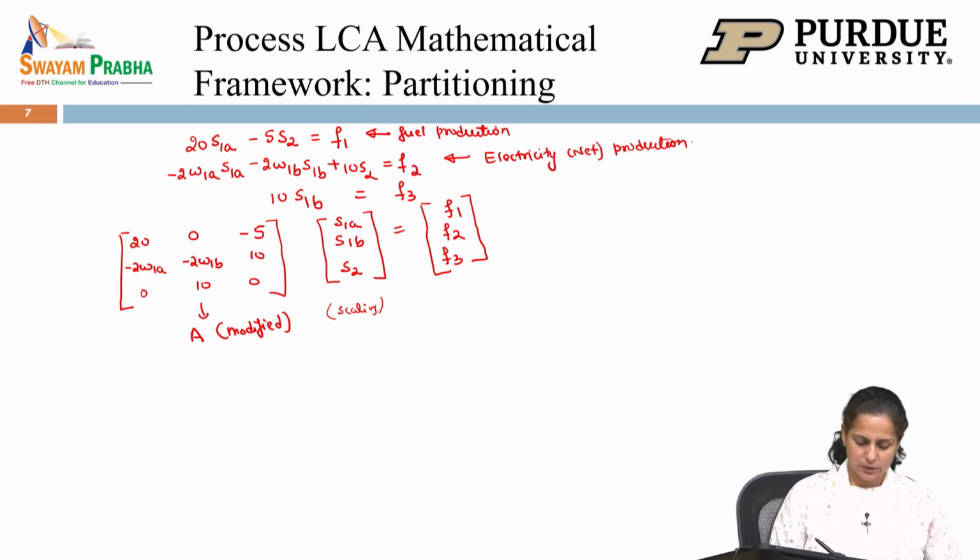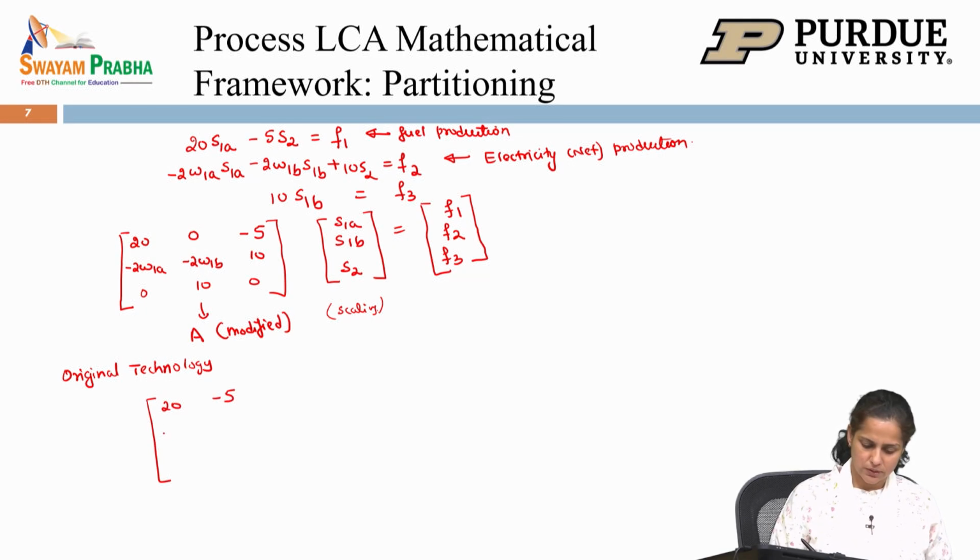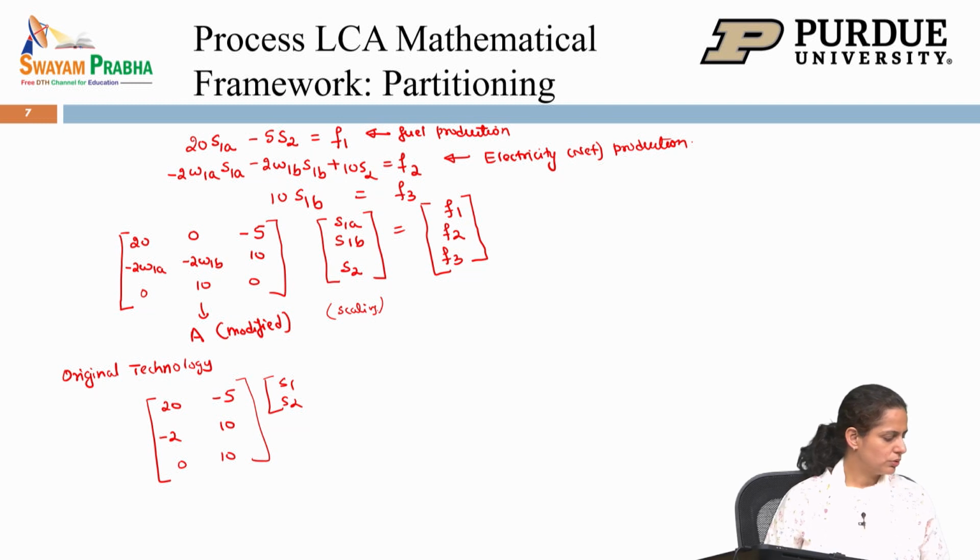So, here let us look at our original technology matrix. Your original technology matrix will be just 20, minus 5, minus 2, 10. You can see that our original did not have the third column.